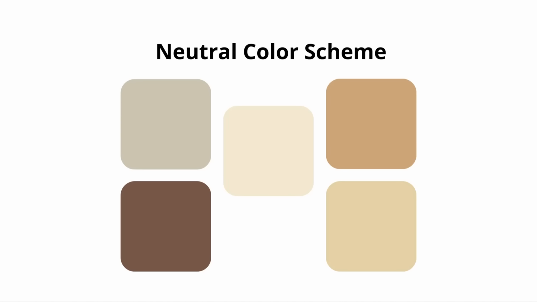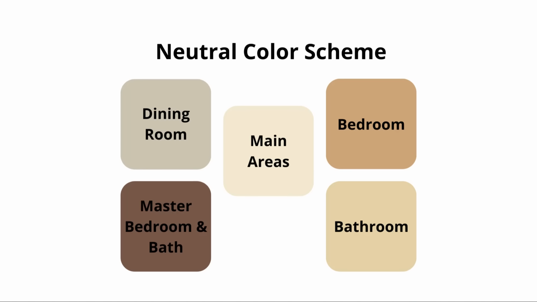Maybe that's where we are staying within that neutral color scheme family, and we bring in browns and tans and beiges and other taupey colors that are all related back to that creamy white, and they're all related to one another. And so we're still using a consistent color scheme. We're still repeating that color scheme throughout our home, but just varying it slightly in each room.